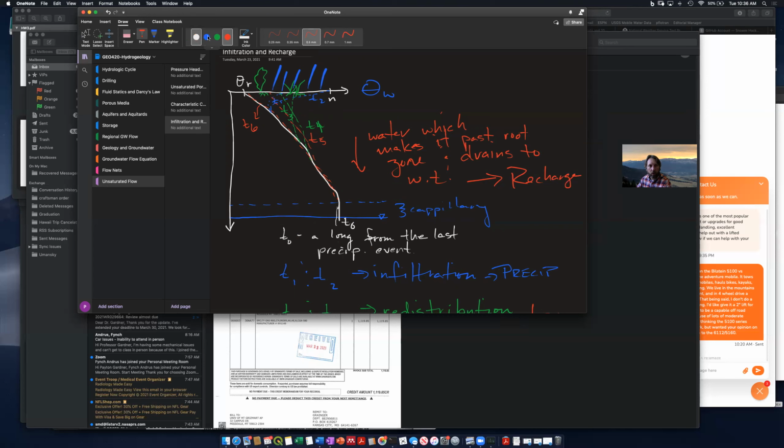And the water that moves into the soil is the infiltration. Infiltration and recharge are not equivalent because roots down here are transpiring water and taking water out of the system and putting it back into the atmosphere. So infiltration minus transpiration would give us recharge.